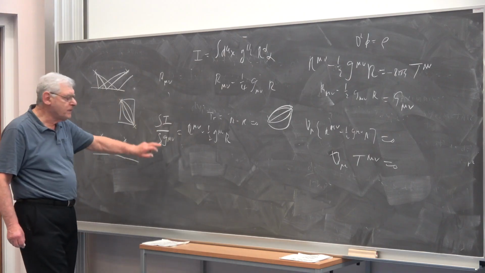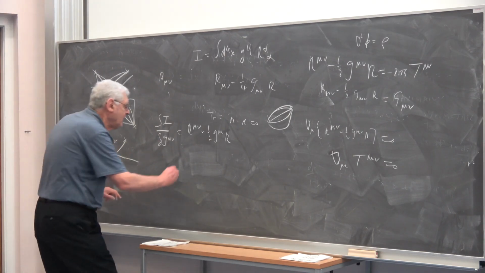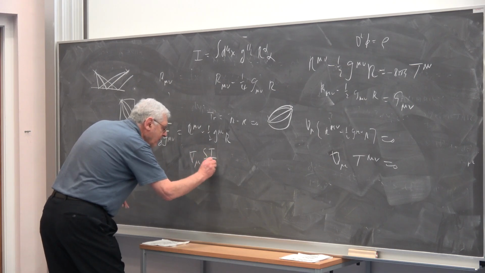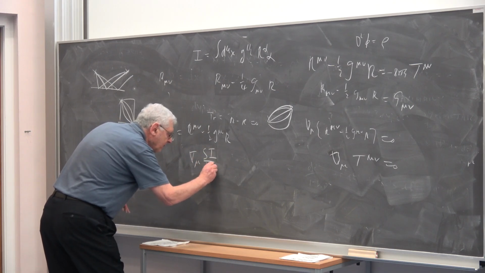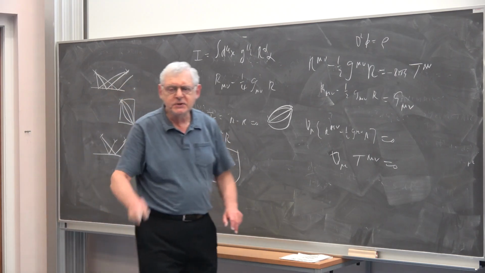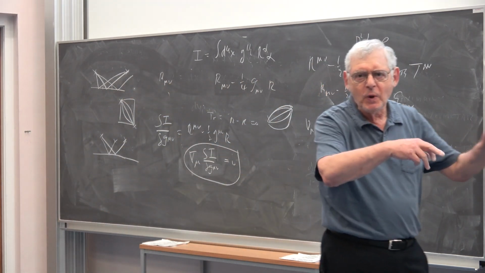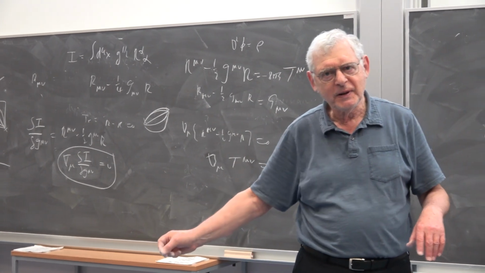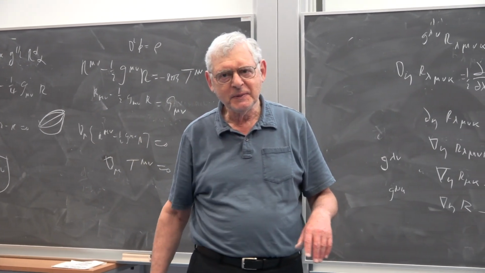The variation of the action with respect to the metric is covariantly conserved. That's a general rule, which is why the Einstein tensor is covariantly conserved. You can never get something which is not covariantly conserved by varying with respect to the metric.